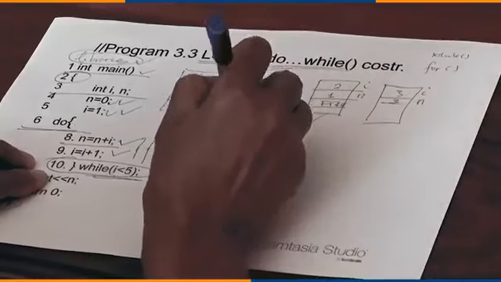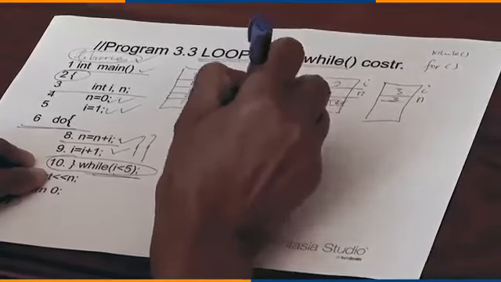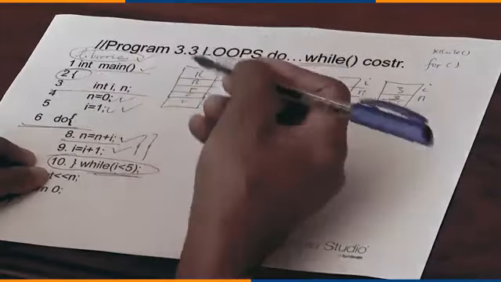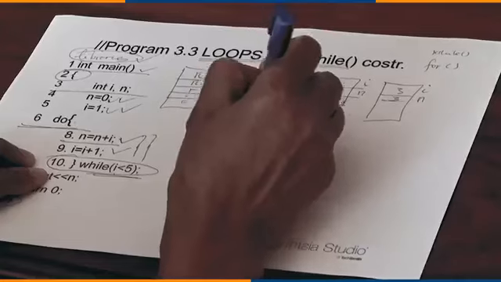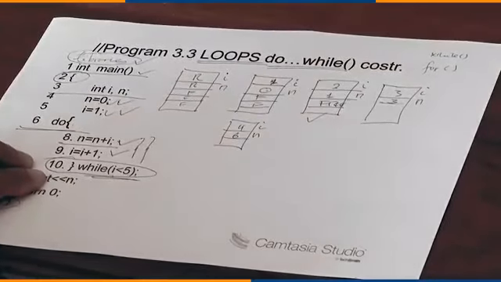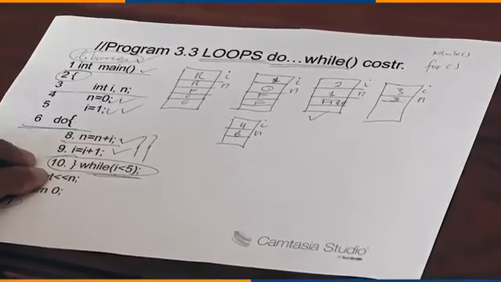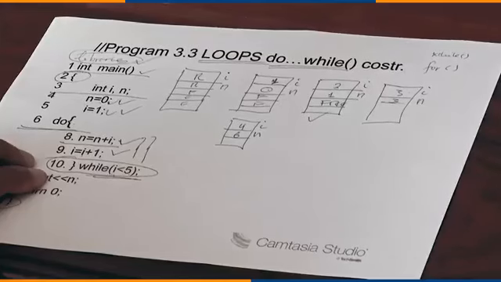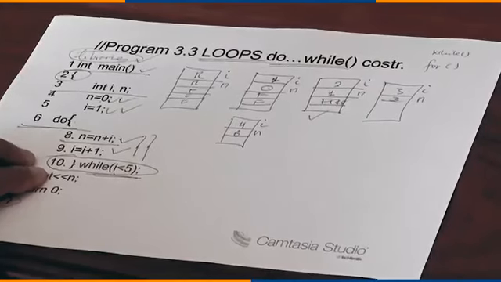n equals n plus I, and that will be 6. And I equals I plus 1, this will be 4. And that will be execution of the loop for the third time. Then the computer will check: is I less than 5? Is 4 less than 5?